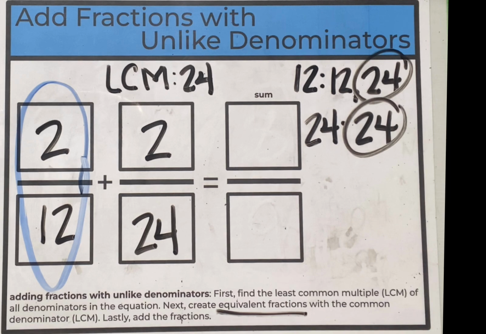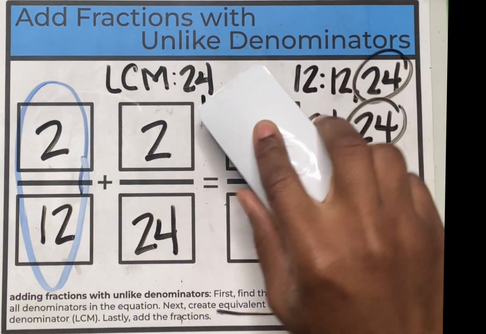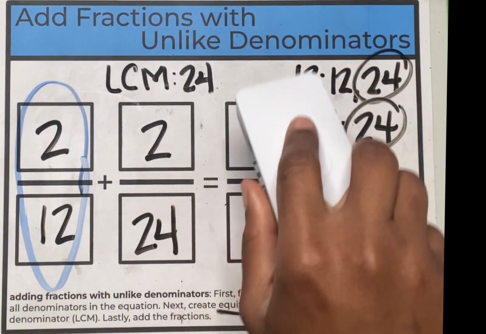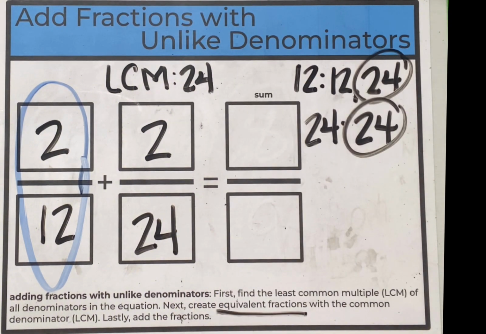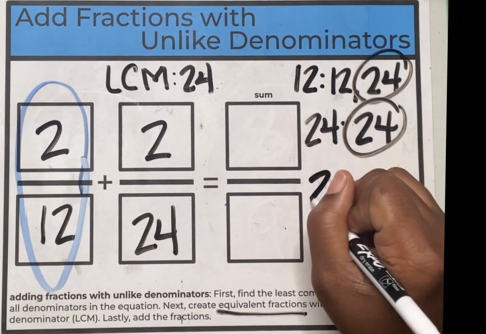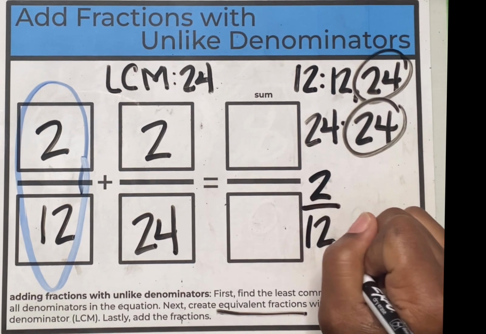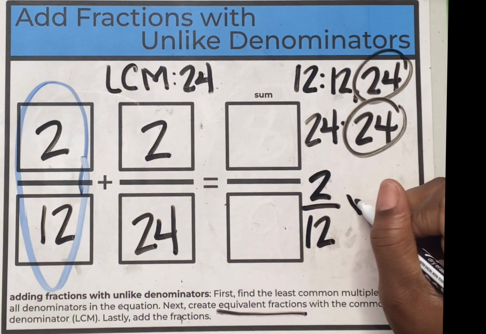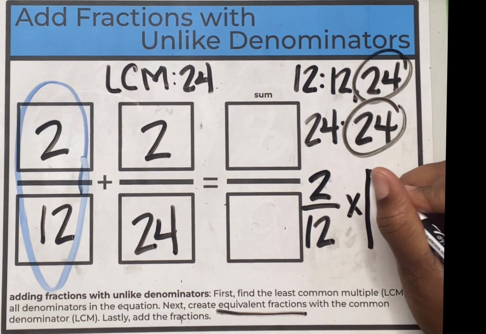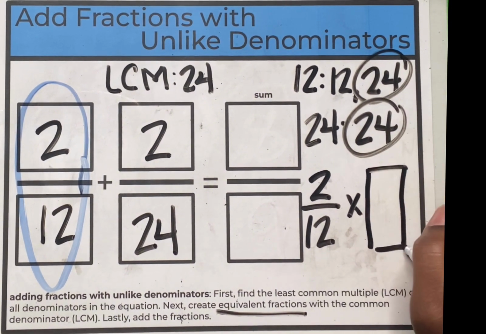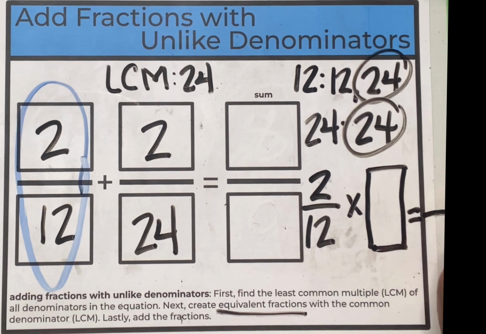We need how many parts? 24. Great job. So let's create that equivalent. I'm going to take the 2/12 times what shape? Good, that rectangle.